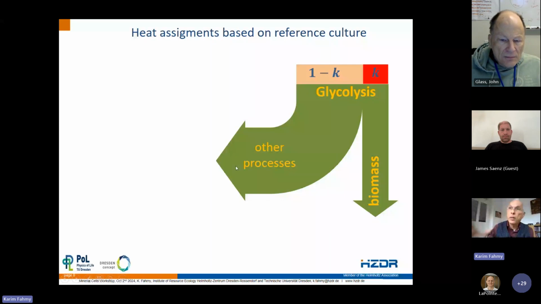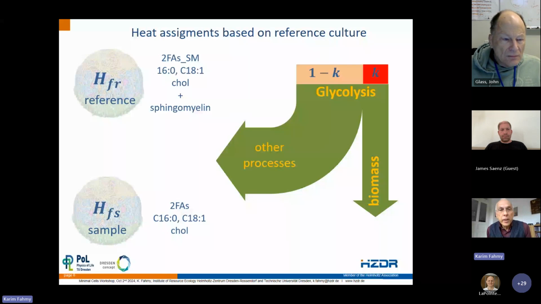And a way to use calorimetry to find out how energy flows are separated into biomass forming activities and other processes is only by using a reference diet. We cannot do this in absolute terms. We can only say in comparison to, for example, the sphingomyelin containing diet, the 2 fatty acids containing diet has such and such percentage of nutrient feeding into biomass production and such percent into non-biomass production.